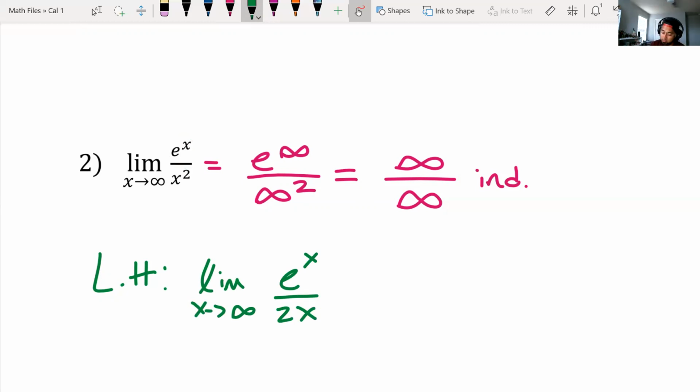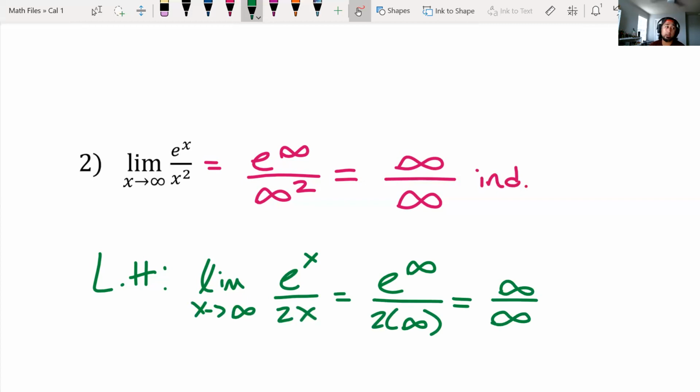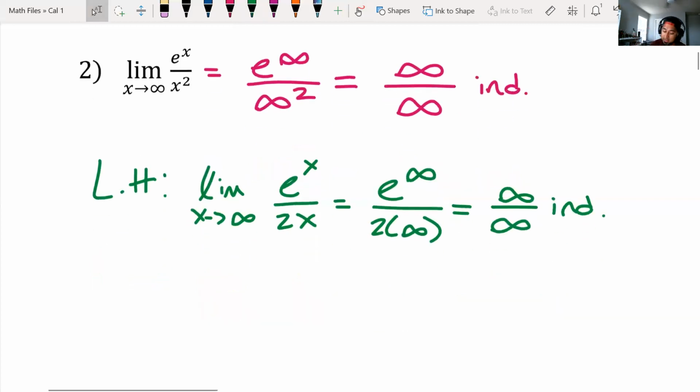Now again, plug in infinity. You'll get e to the infinite power over 2 times infinity, which is still infinity over infinity. So again, we get another indeterminate form, which means if we keep getting indeterminate, we keep using L'Hopital's.